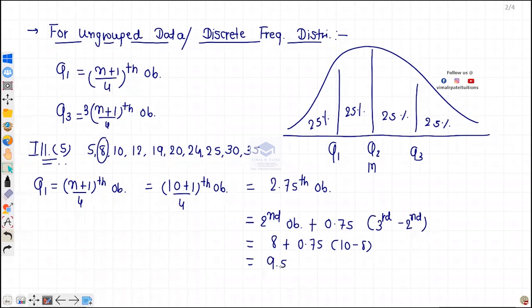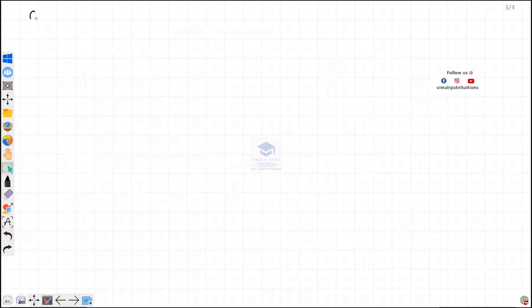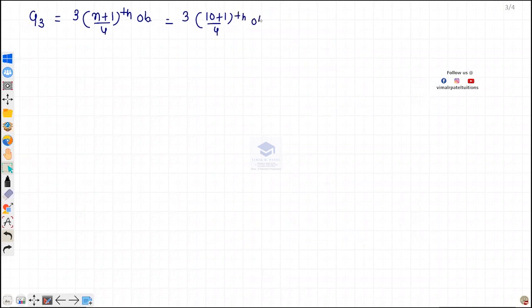Q1 is 9.5. Now Q3: 3 into 10 plus 1 divided by 4th observation, 2.75 into 3, 8.25th observation.